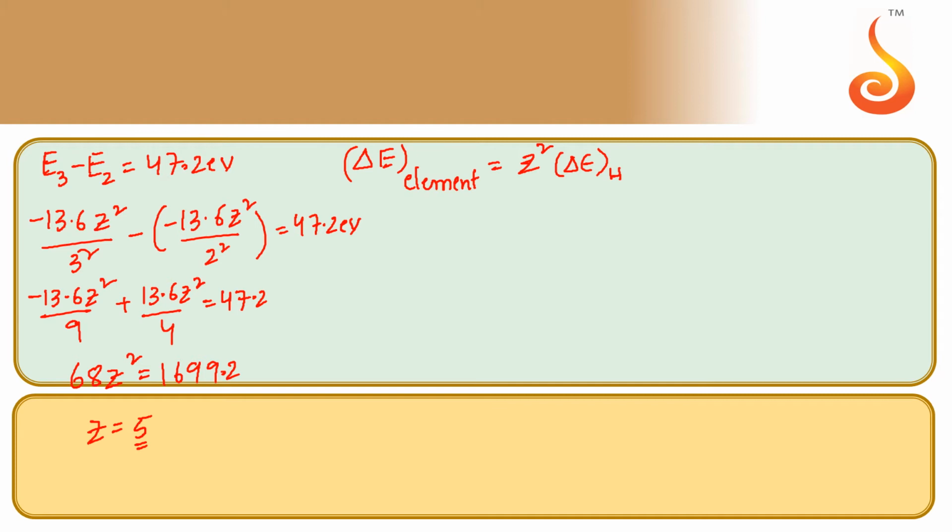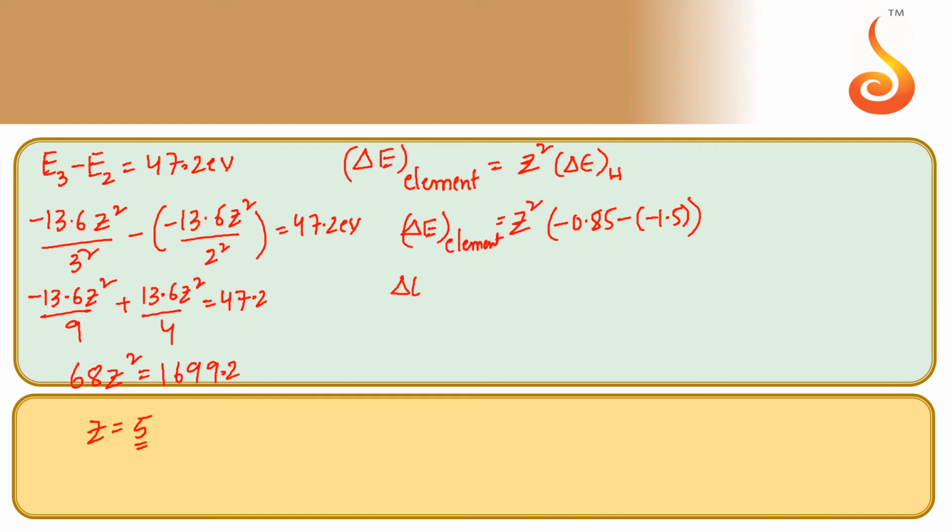So the difference of energy for hydrogen atom from third orbit to fourth orbit: the energy of the electron in the third orbit of hydrogen atom will be minus 1.5 and the energy of the electron in the fourth orbit is minus 0.85. That means minus 0.85 minus of minus 1.5 will be the energy difference in hydrogen atom.